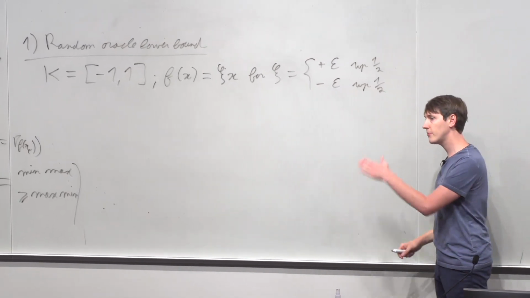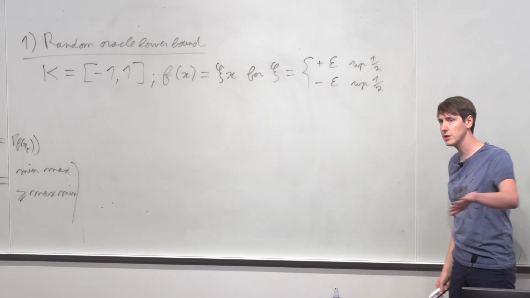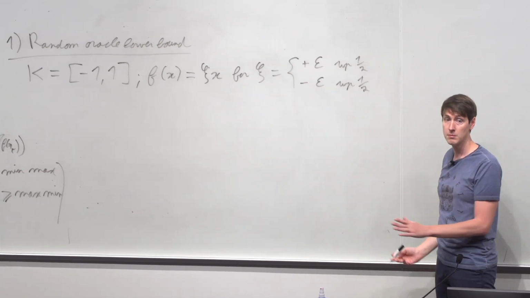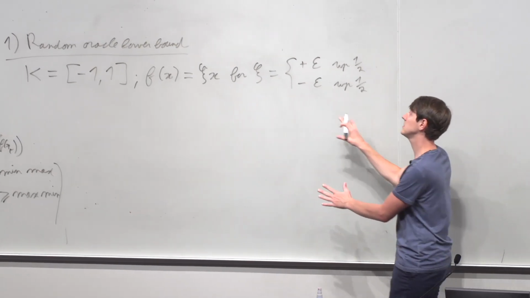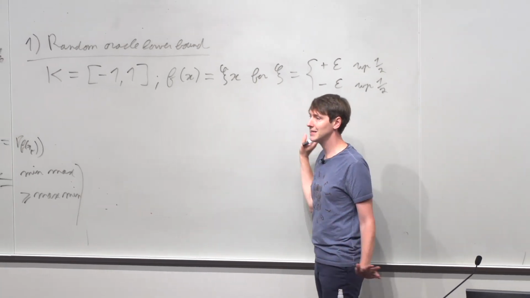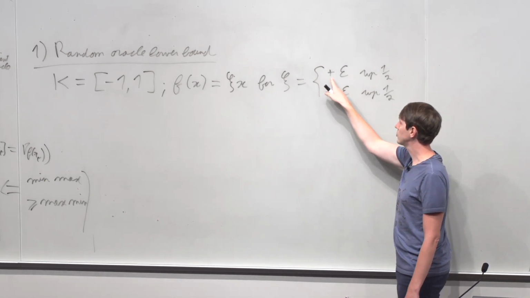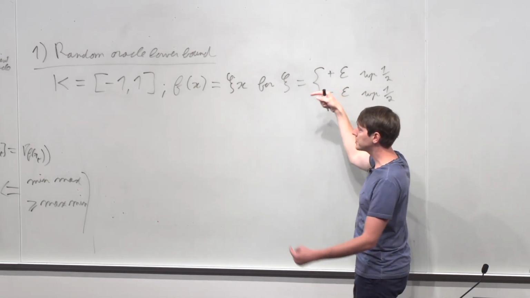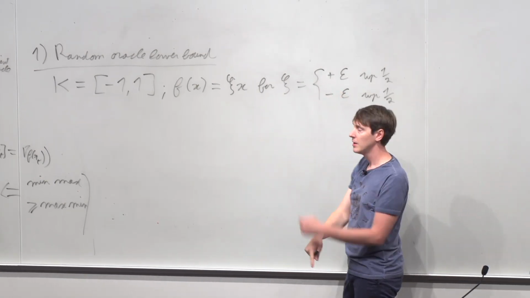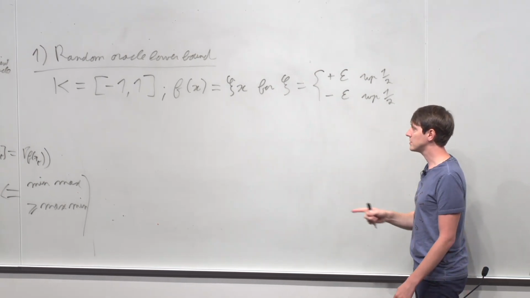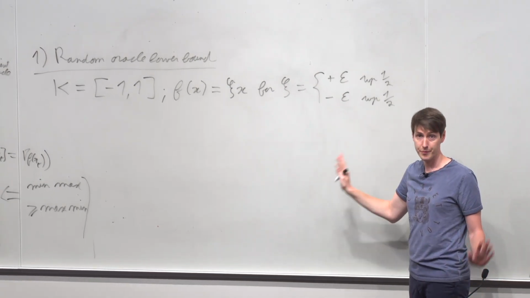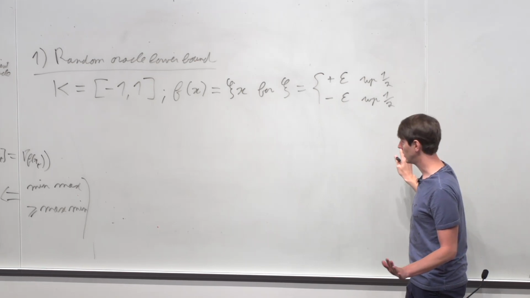It's either a linear function with slope epsilon or a linear function with slope minus epsilon. And I'm telling you, this is what you're going to see. You have to optimize this function. If the world turns out to be a plus, then the optimum is going to be at minus 1. If the world turns out to be a minus, then the optimum is at plus 1. That's all I need to do.